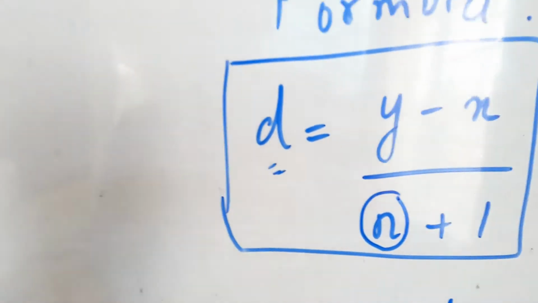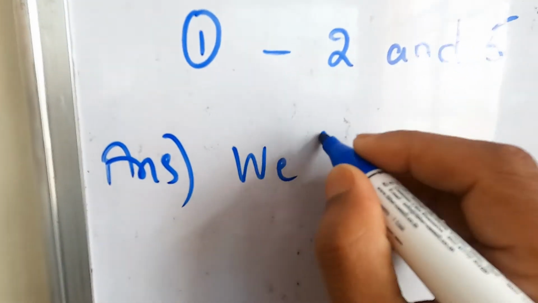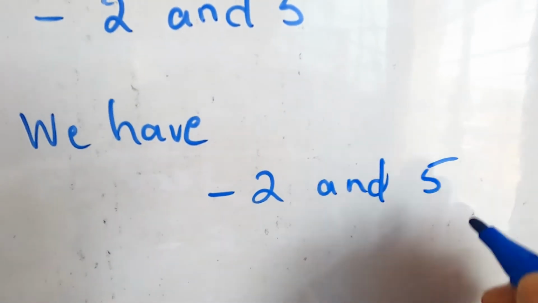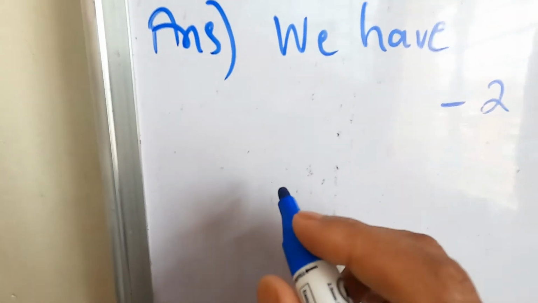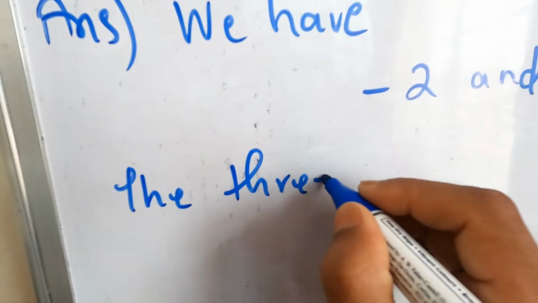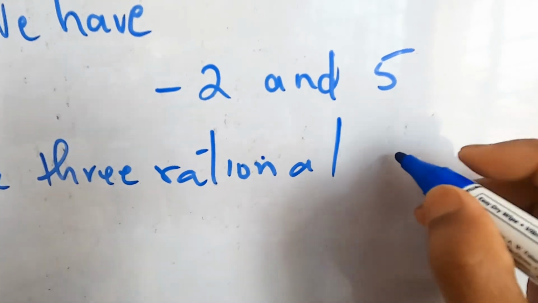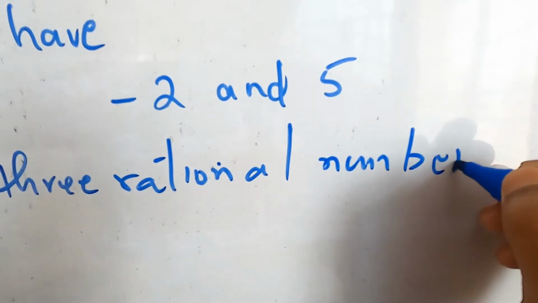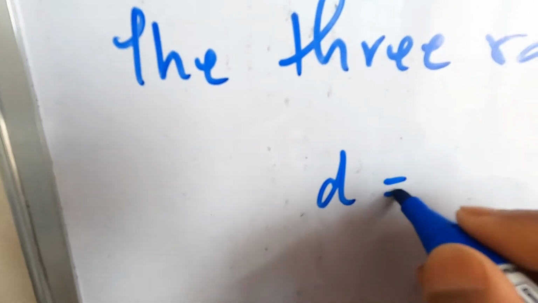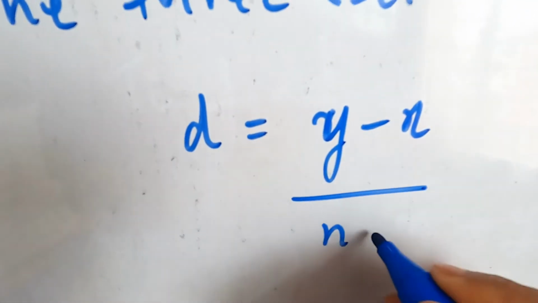All right, so here what we will do is answer, you will write we have minus 2 and 5. The three rational numbers are, so we will write here d is equal to y minus x by n plus 1.